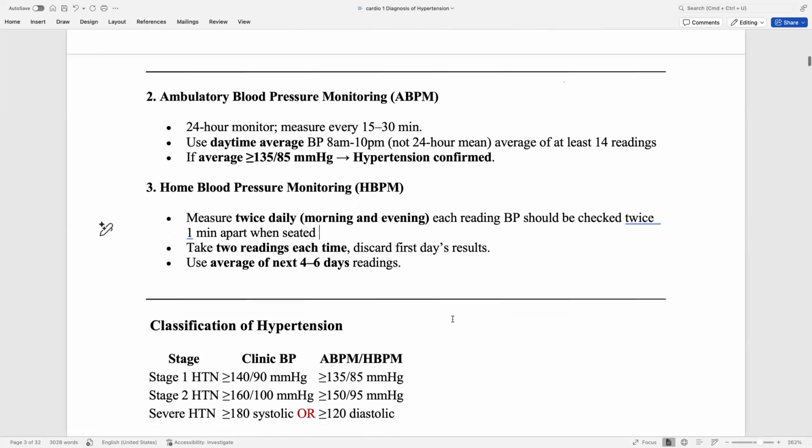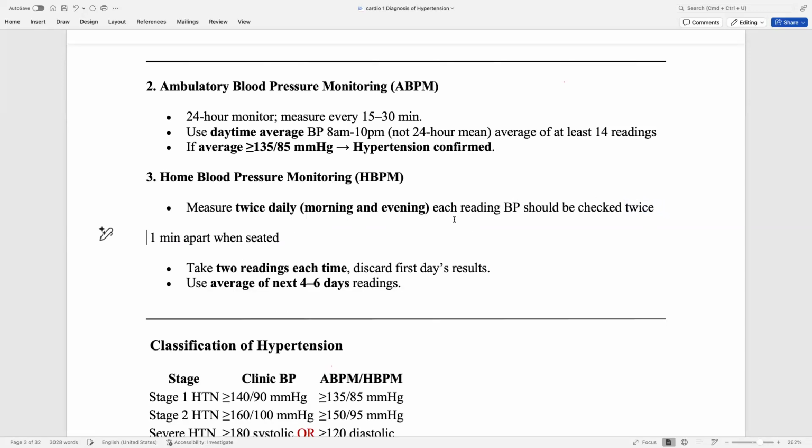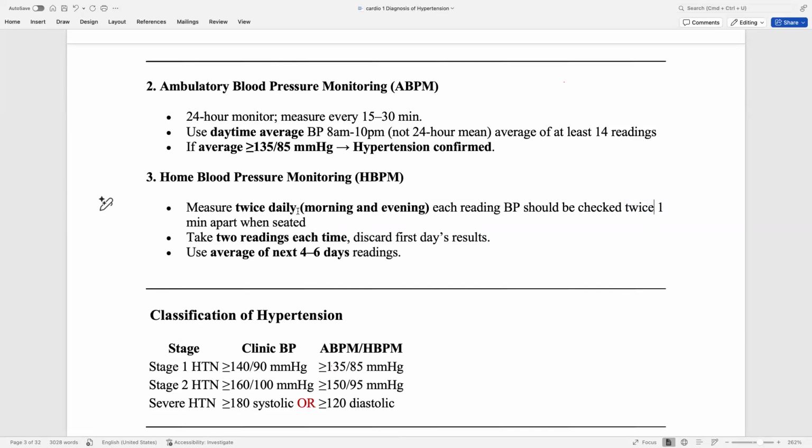How about the home monitoring? Measure twice, morning and evening. Each reading should be twice, one minute apart when seated. What does that mean?